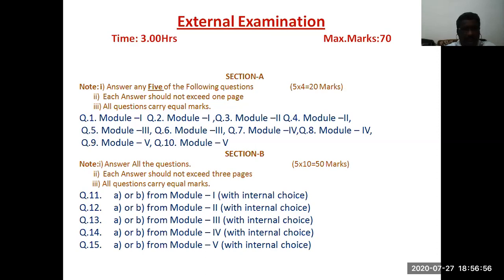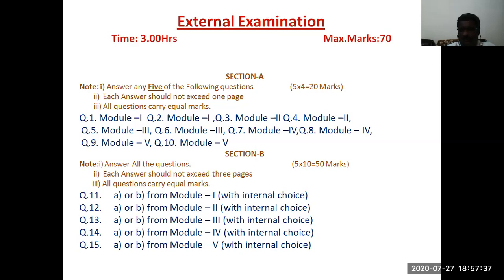In each question, numbers 11 to 15, two options are given, A or B. The student has to attempt either A or B. It is compulsory to attempt all the questions 11, 12, 13, 14, 15, but there is no external choice; each question has an internal choice with A or B.